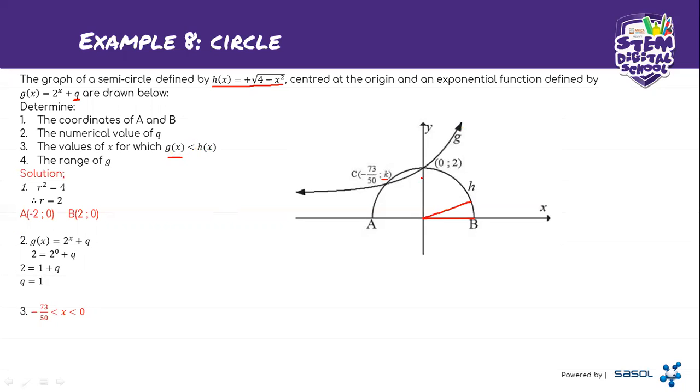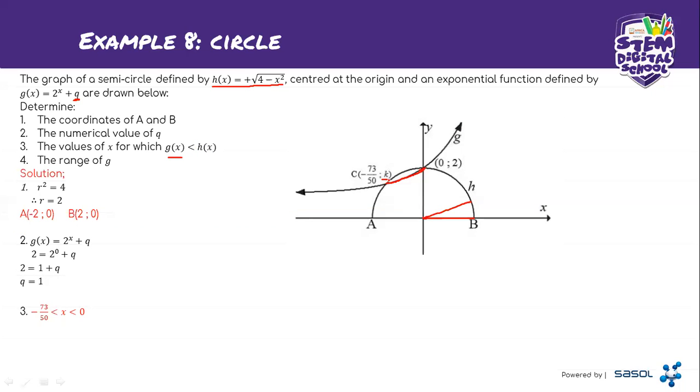We can see that the graph of G of X is below H of X from this point until this point, right? That's where the graph of G of X is less than H of X.